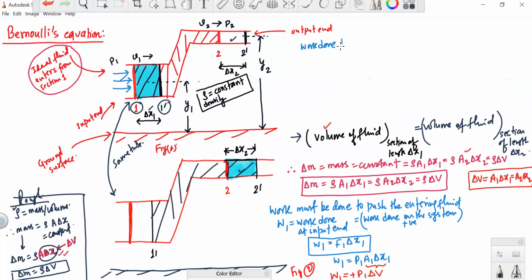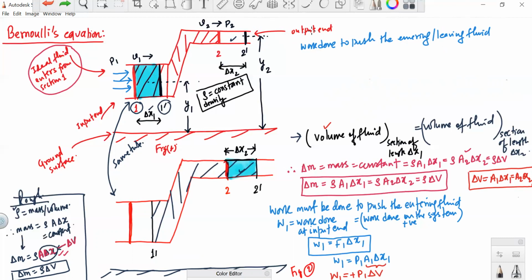Work done to push the emerging or leaving fluid, okay? Leaving fluid, because this is the output end. We can see this is the output end.